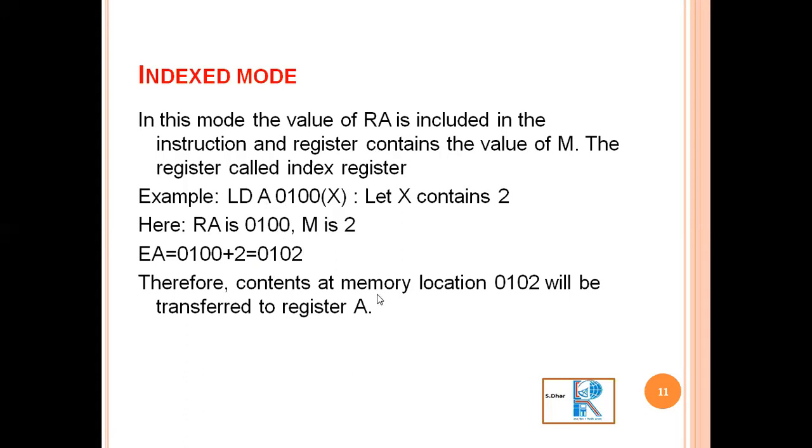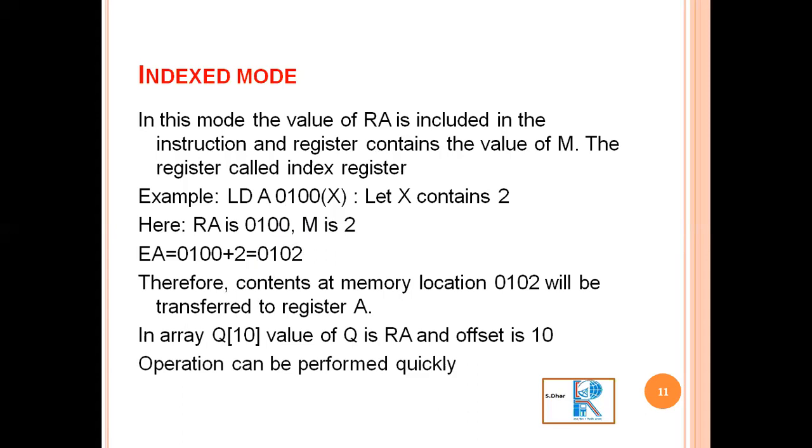So this is called the index addressing mode, where the array address is mentioned in the instruction. Clear? Now, you know from the C language that when I mention the array Q[10], what is the meaning of Q[10]? That means the element which is stored at the 10th position of the particular array.